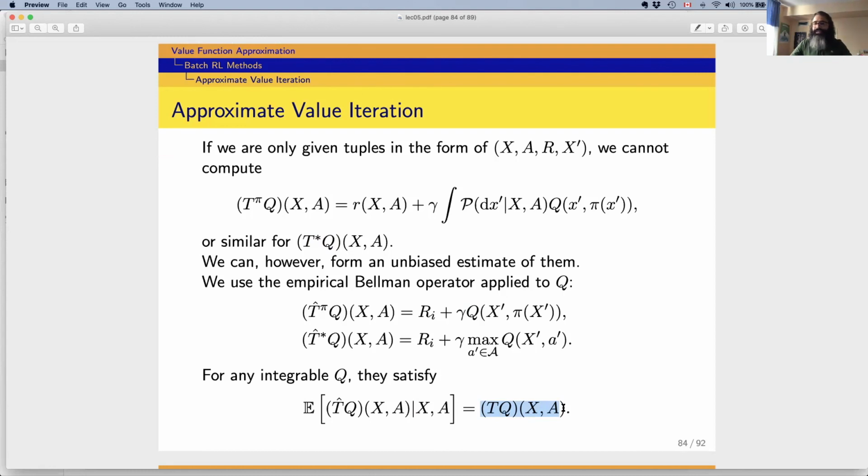Here, this is the empirical Bellman operator applied to Q. That's not an unbiased estimate of the value function, but it is an unbiased estimate of TQ, the Bellman operator applied to Q. And that's all we need. The rest would be kind of the same as before.